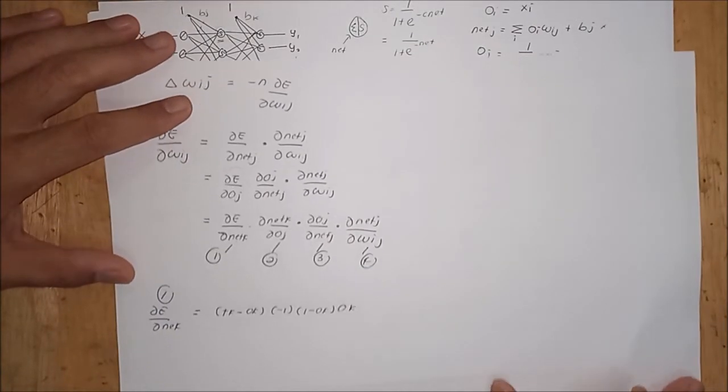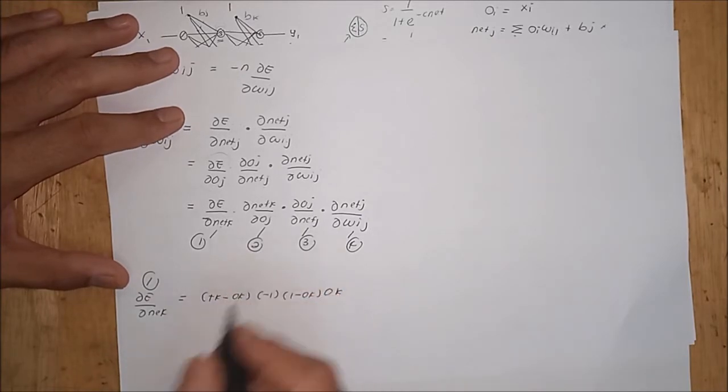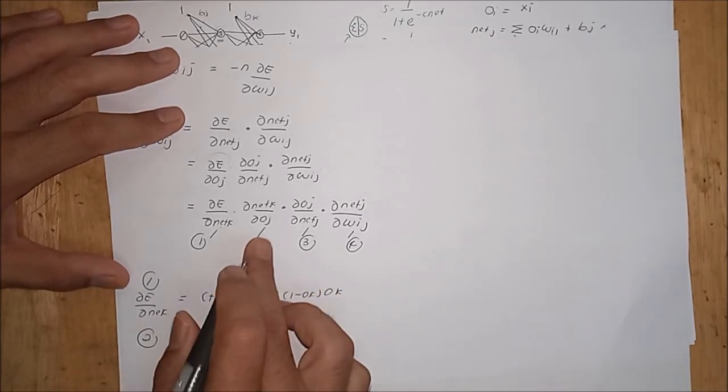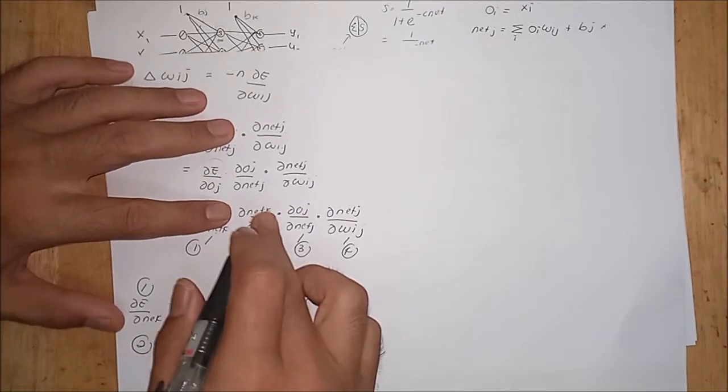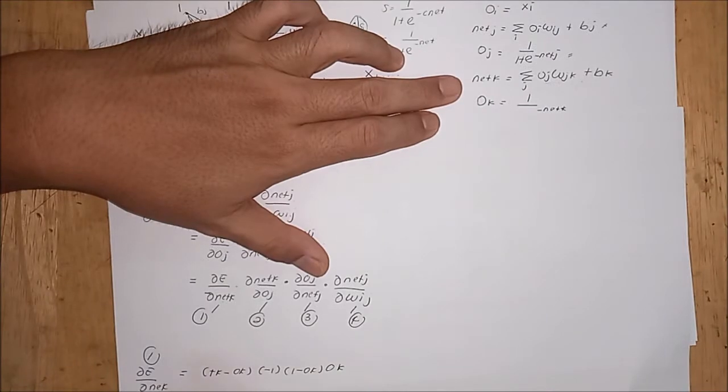The next part is we move on to the second part of this thing. Second part means we want to find the d net k over doj.